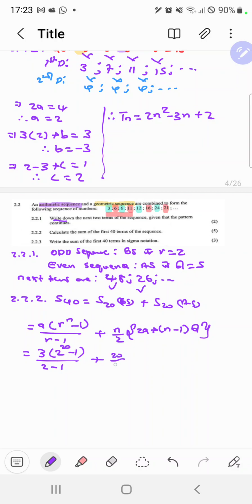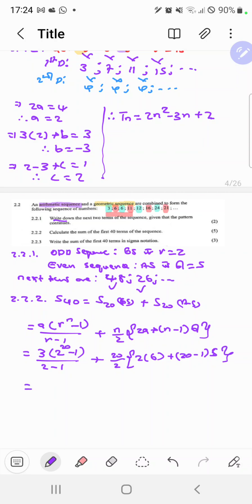Here we're going to have 20 divided by 2 into 2. Now the first term there of the even was a 6, plus 20 minus 1, we found out that this is a 5, right?